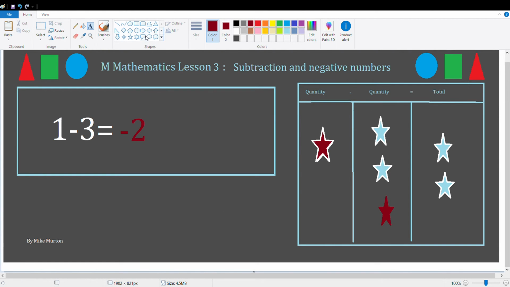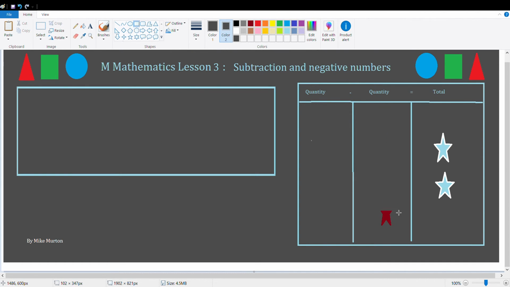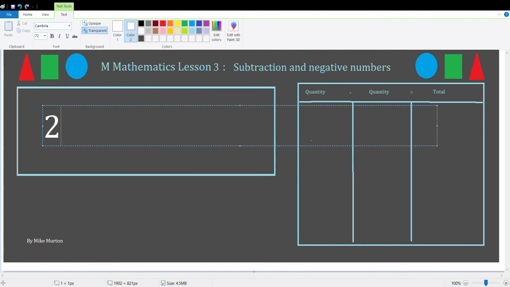So let's try this again. Let's do 2 minus 5. It's a good round number. 2 minus 5 is equal to what?